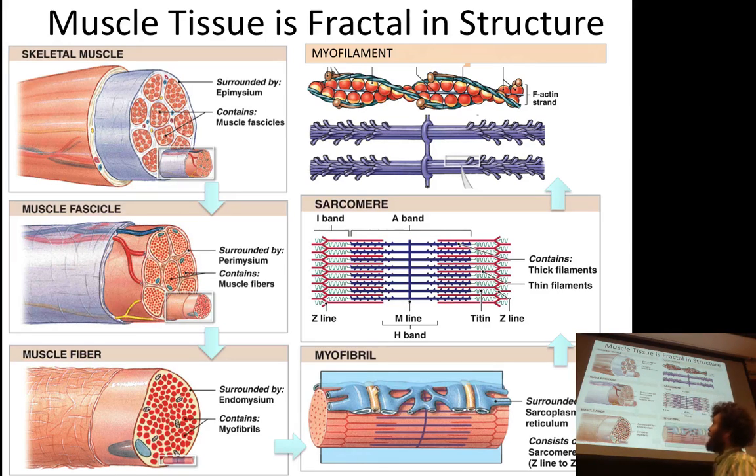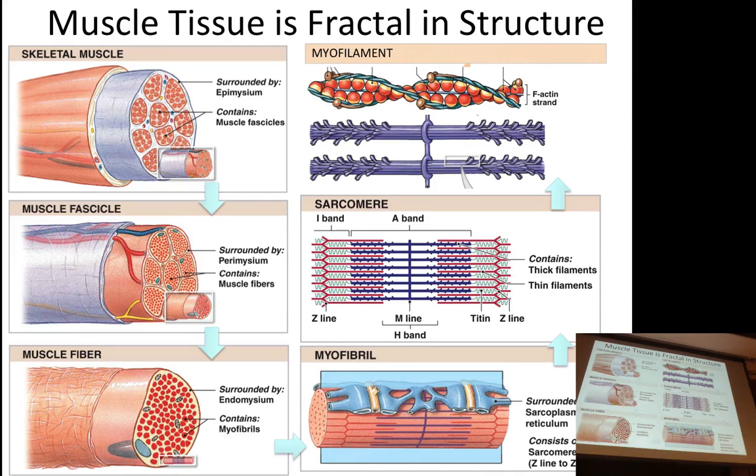So we look at a skeletal muscle. A skeletal muscle is a big bundle of muscle fascicles, which is surrounded in epimysium. A muscle fascicle is a big bundle of muscle fibers, which is surrounded in perimysium. A muscle fiber is a big bundle of myofibrils, which is surrounded in endomysium.